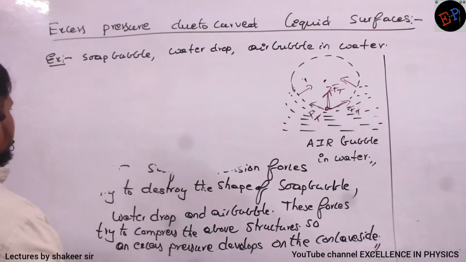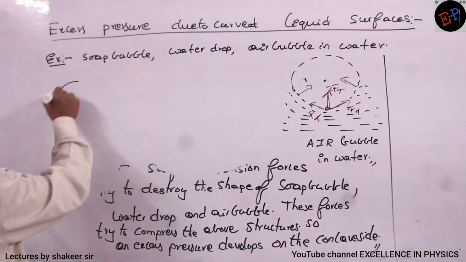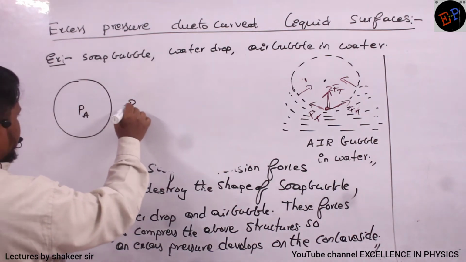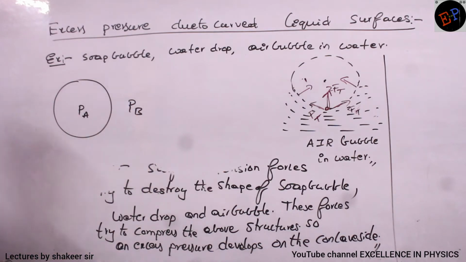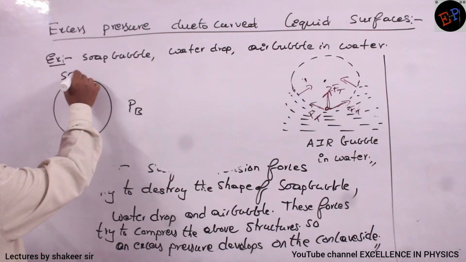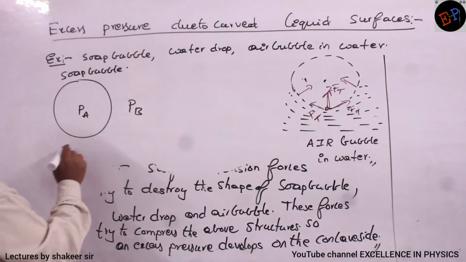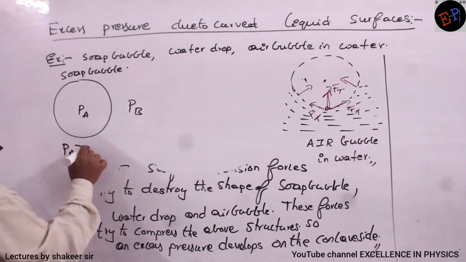Consider this is a soap bubble. Here pressure is PA, here pressure is PB. This is a soap bubble. So definitely I can say that PA will be greater than PB.